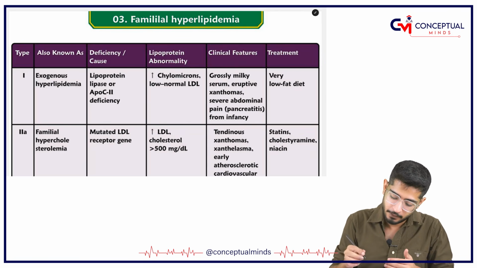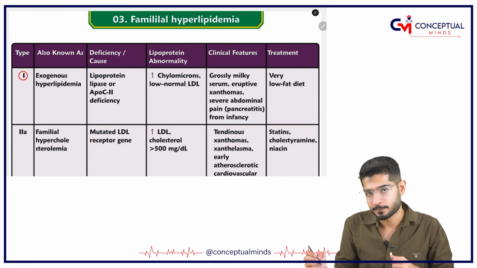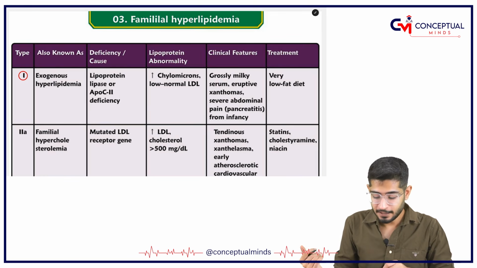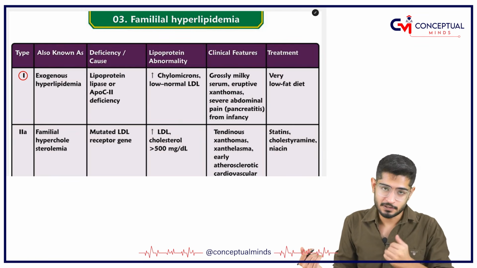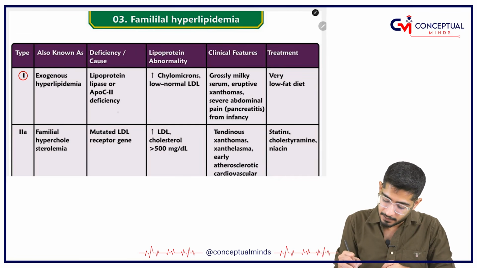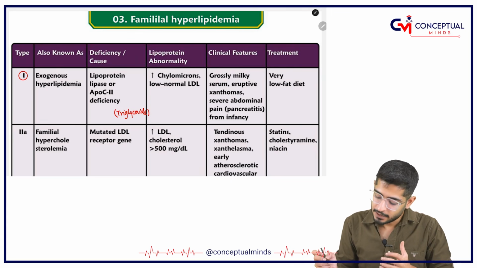First of all, please understand that type 1 is going to have exogenous hyperlipidemia. Whatever you take from outside is going to cause the hyperlipidemia. For example, triglycerides are formed inside our body, they are present inside our body, so they are not exogenous, they are endogenous.